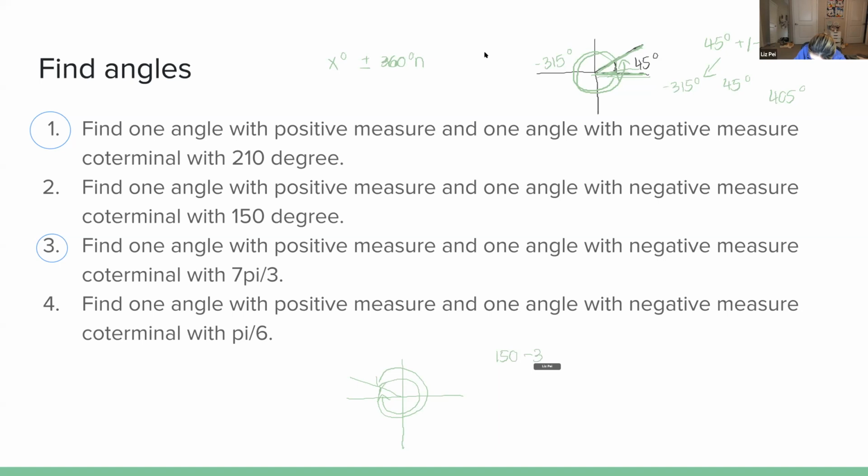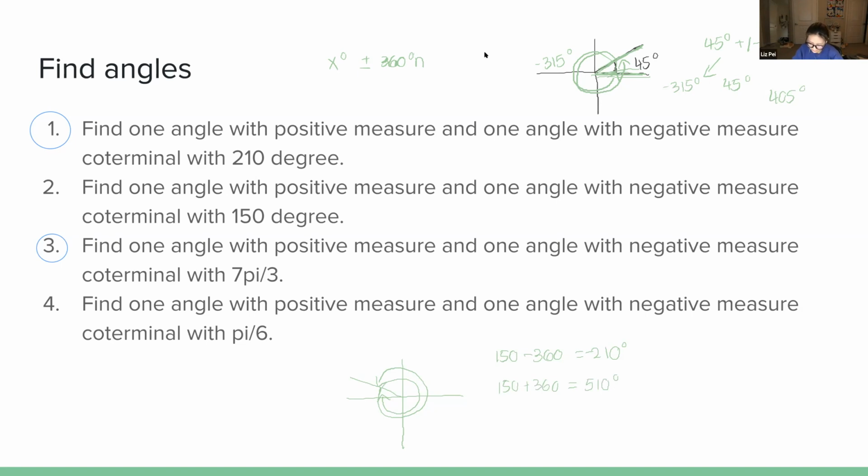150 minus 360, which is 210? Yeah, I think it's 210, right? Oh, negative 210. So that will be one of your coterminal angles. And then the other one, you can do 150 plus 360, which you will get 510.